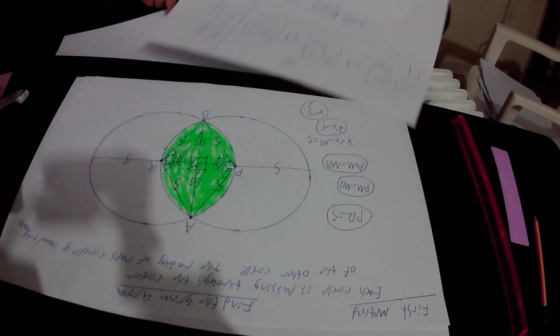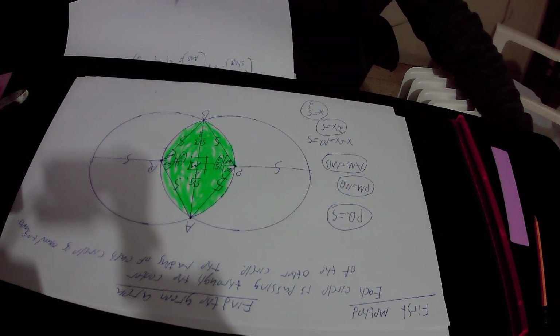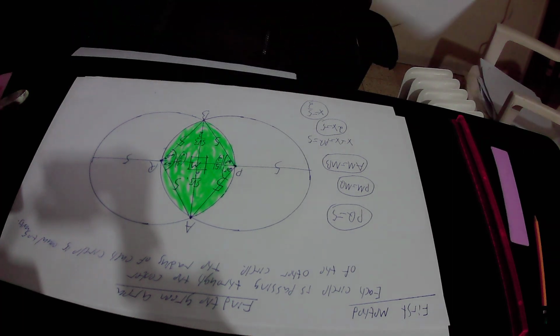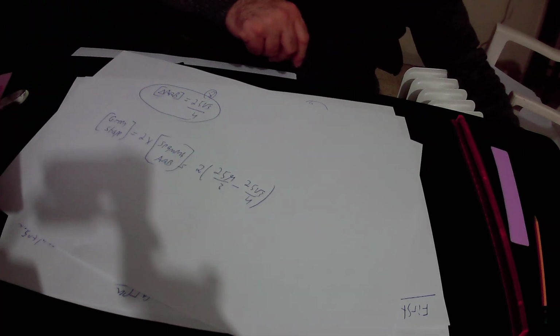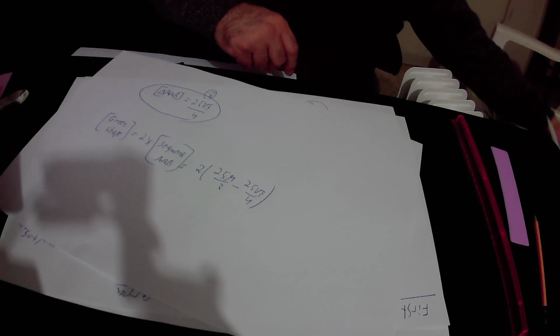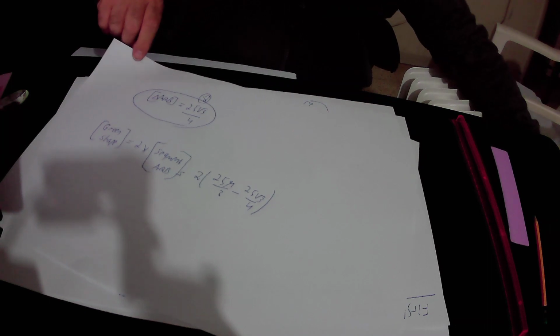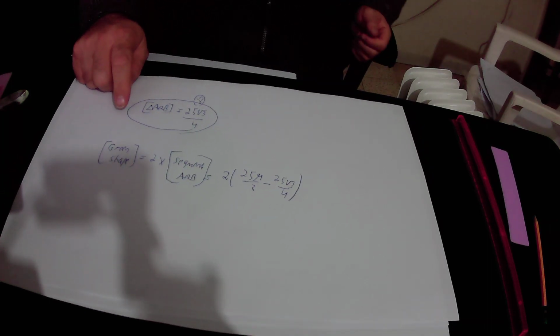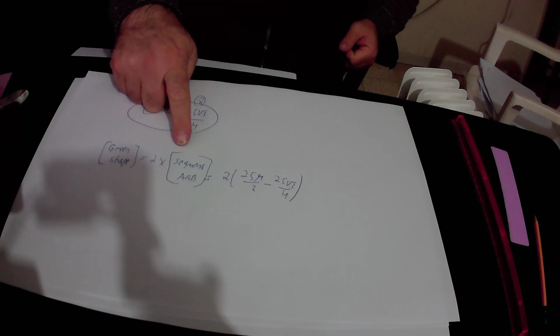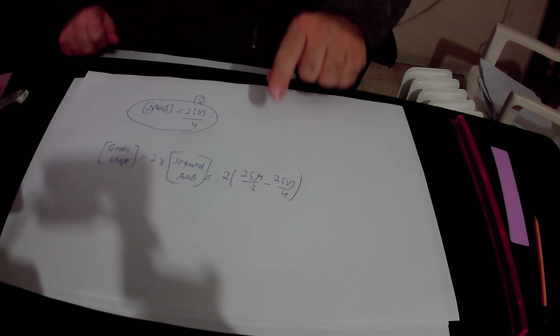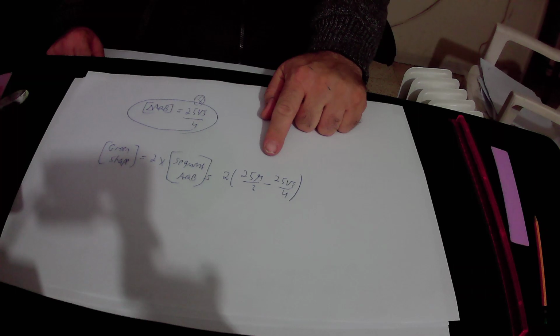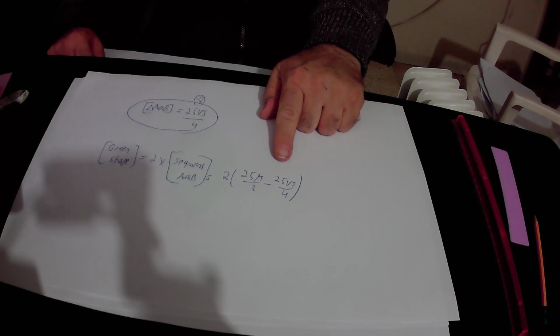I repeat again, the area of the green shape equals 2 times the area of segment AQB, which equals 25 pi over 3 minus 25 times square root of 3 over 4.